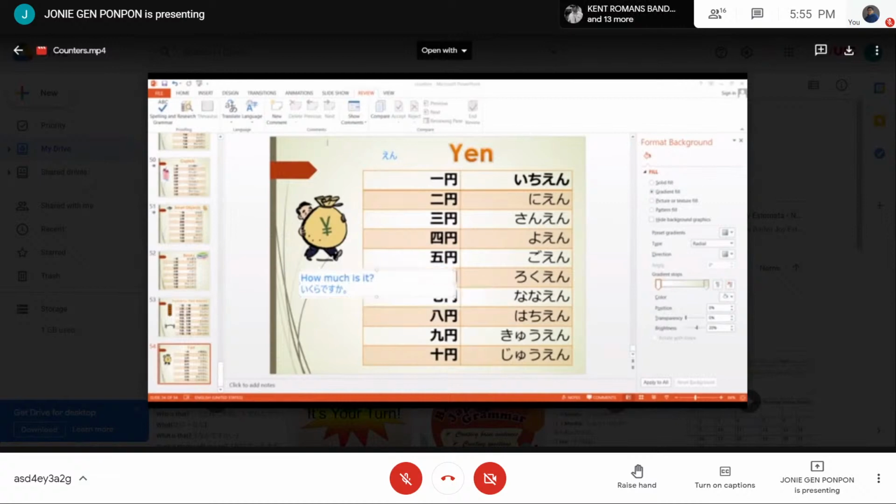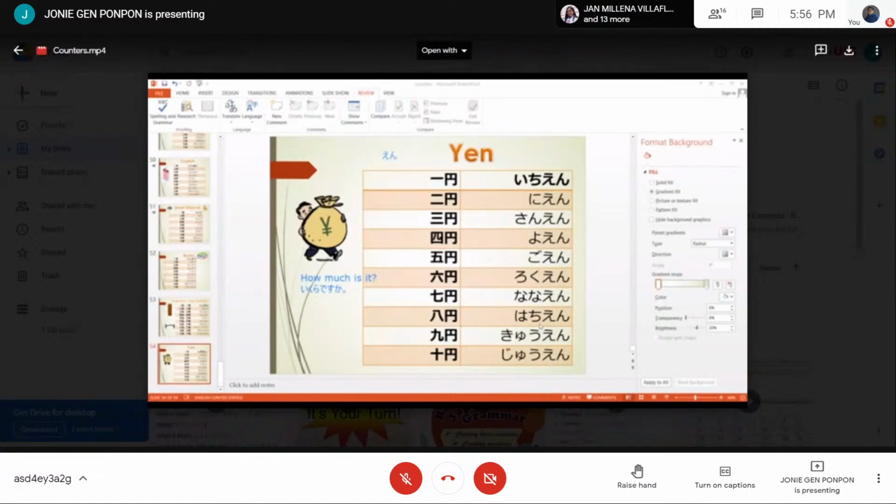Ikura desu ka? Okay, so if it is 1 yen, 2 yen, 3 yen, yo en. That is not yon en, but yo en. Remember, exemption, yo en. Go en, roku en, 7 yen, 8 yen, 9 yen, 10 yen, then 11 yen, 12 yen, and so on and so forth na.